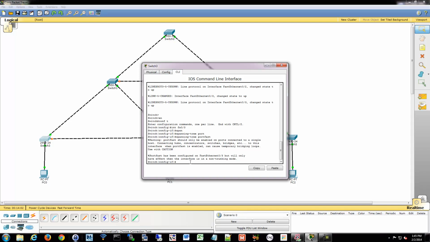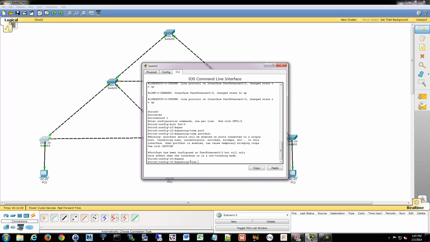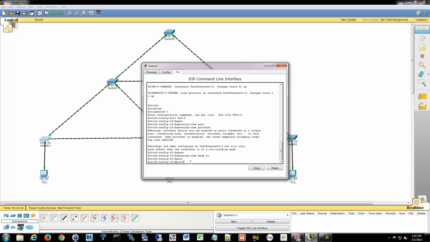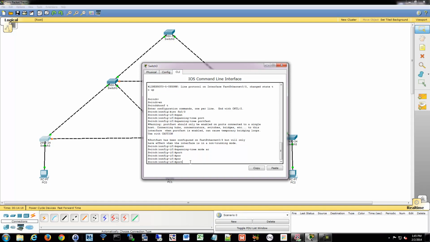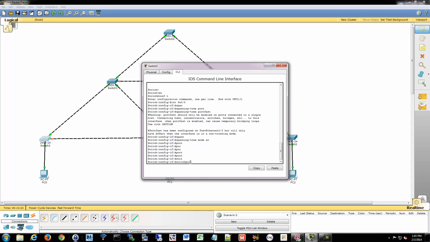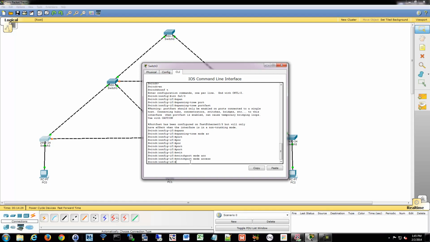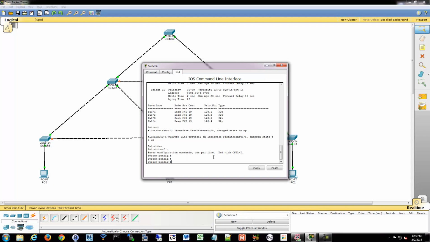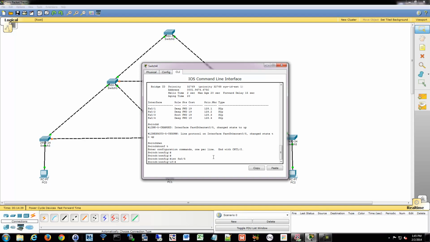So what we'll want to do is set these to access mode so that we don't have any future problems. And we'll do that for the other switches as well.